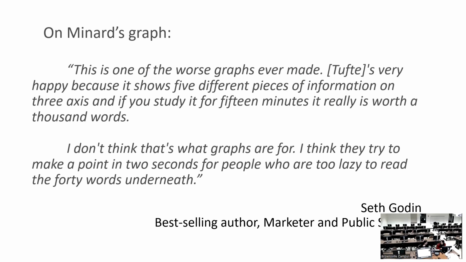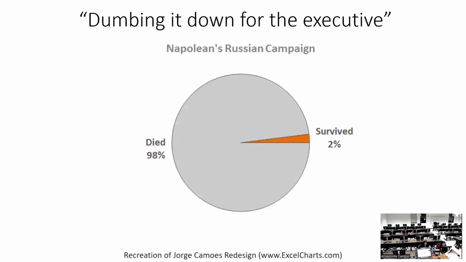Or we just want to give them the gist, like the top, in a short note. So this guy is a marketer, he wants to get it very quickly. So no wonder he disagrees with that, because he's a marketer and he believes that this graph should be done instead of the previous one. So from his point of view as a marketer, they want to know, okay, 98% died, only 2% survived from that campaign.